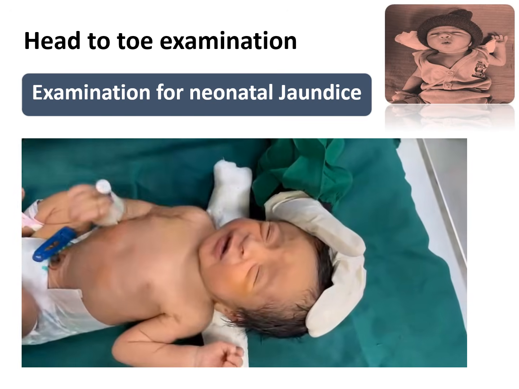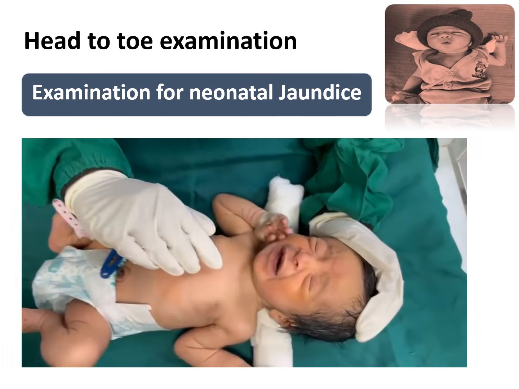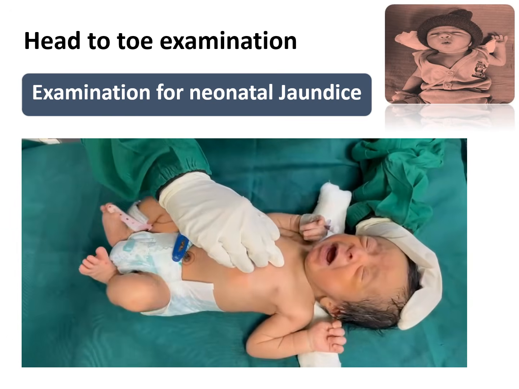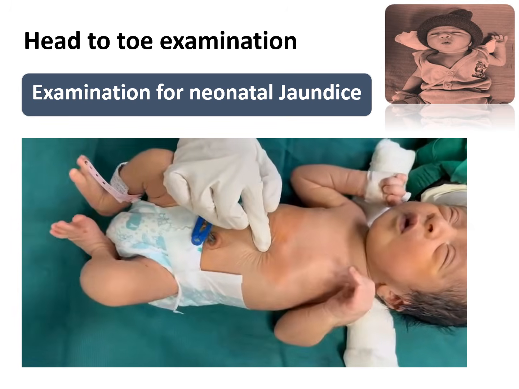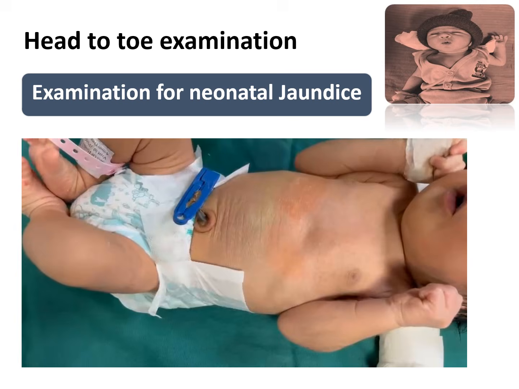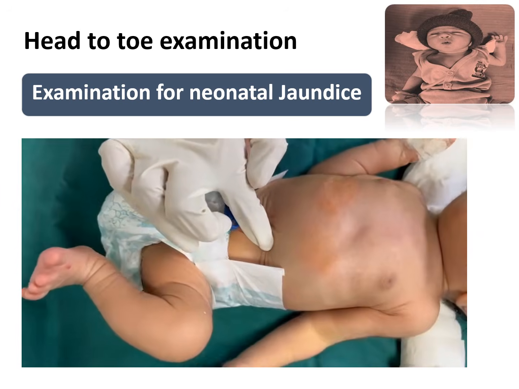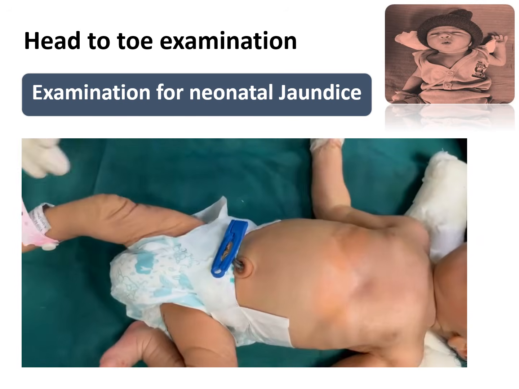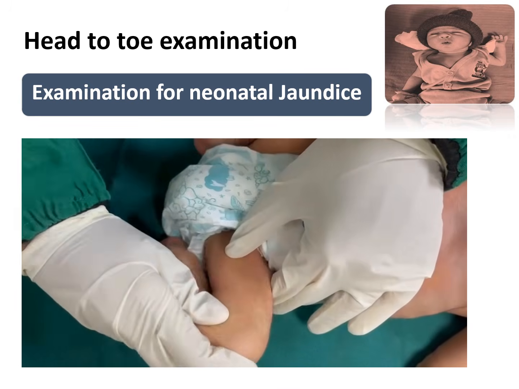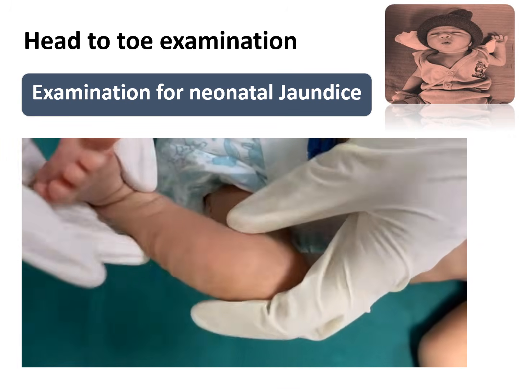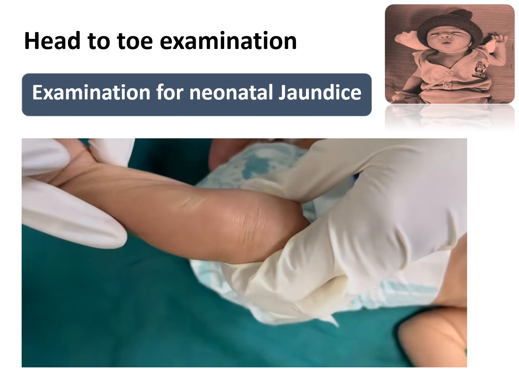In this video you can see how to examine the newborn for neonatal jaundice. We have to press the skin and we have to see the color of blanched skin. And this is according to Kramer's criteria, up to what level discoloration is present. So in this newborn you can see the color of blanched skin is yellow over the forehead, chest, abdomen and limbs.